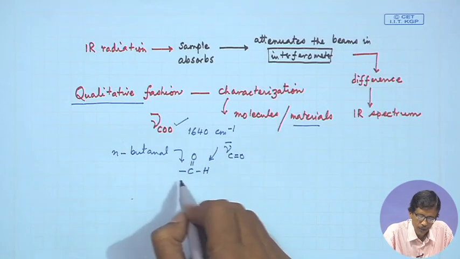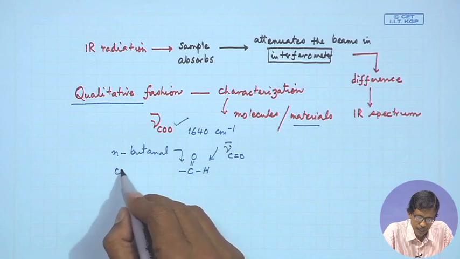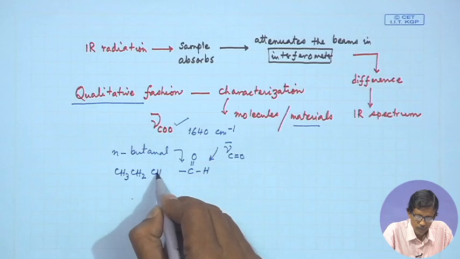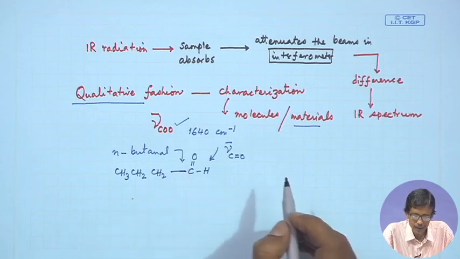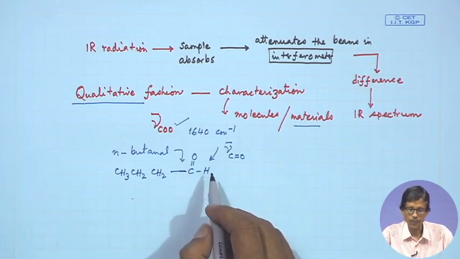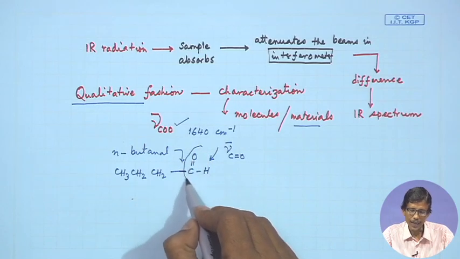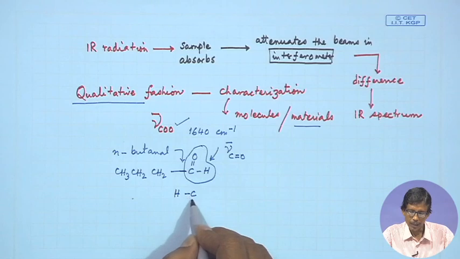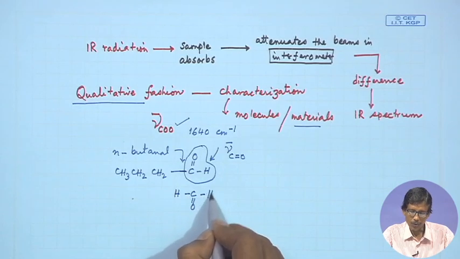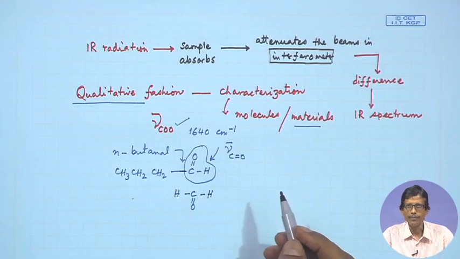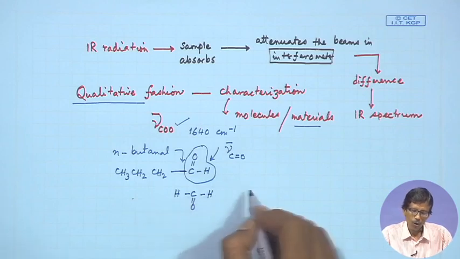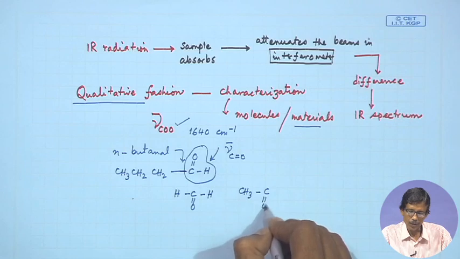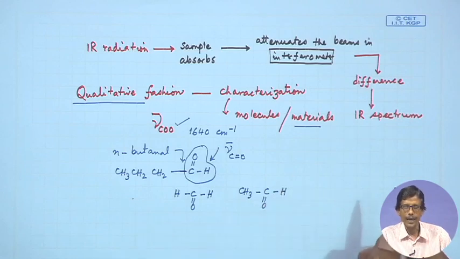And when this is attached to several other groups like CH3, CH2 and CHO, that is also present in your formaldehyde HCHO or the CH3 function which is your acetaldehyde.